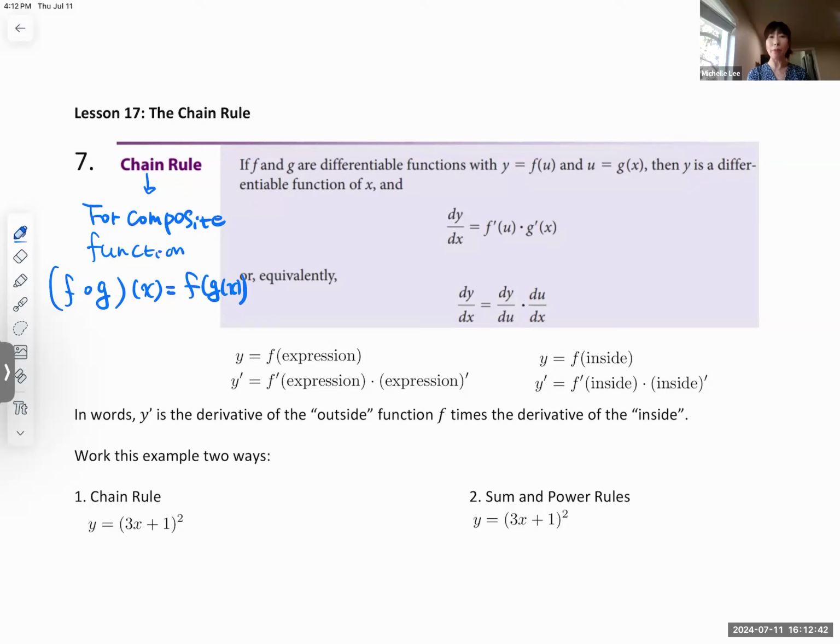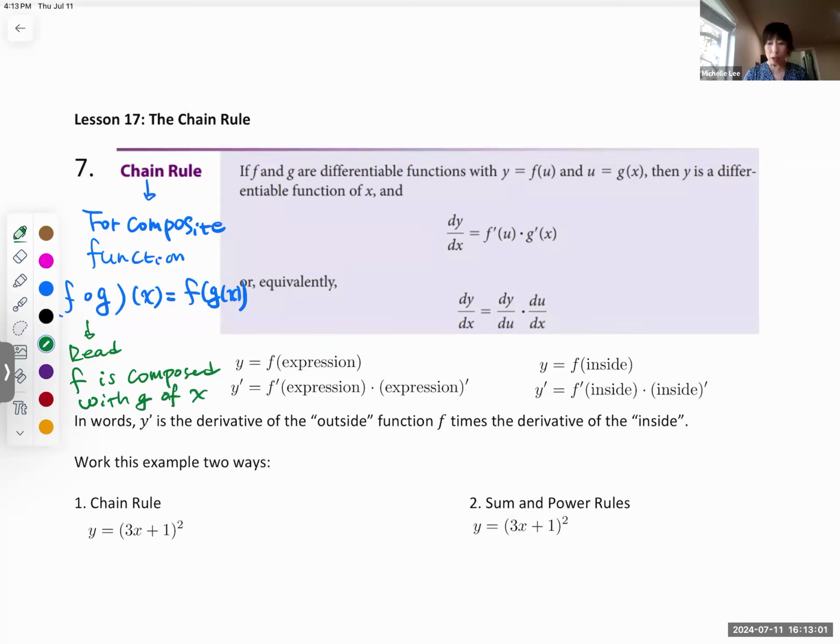So we have f composed with g. We read it this way: f is composed with g of x. All right.